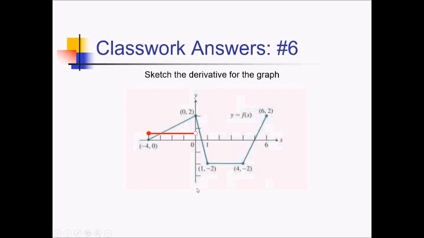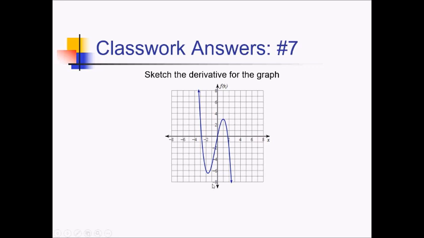So we're going over from here to here. And then we switch to a slope of, this is actually a slope of 0. So we're going from here to here with a horizontal line of 0. And then from 4 onward, 4 to 6, we have a slope of, let's see, this is going up 2 over 1. So that would be a slope of 2 as we get to that endpoint over there.